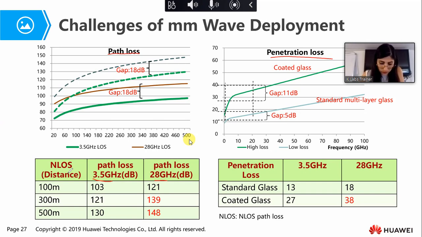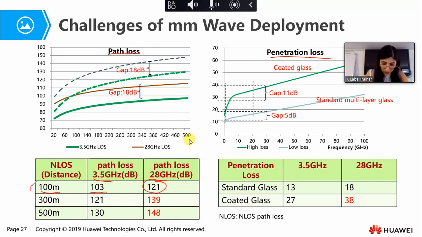So if we consider the line of sight at 100 meters of distance at 3.5 gigahertz, we have a path loss of 103 dB. But at 28 gigahertz, this path loss is 121 dB.